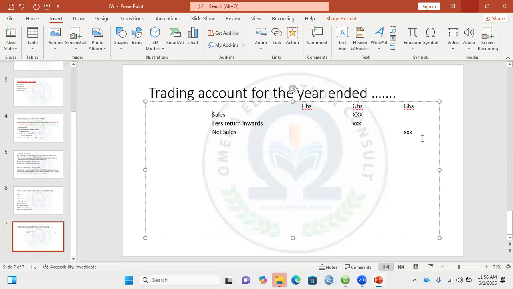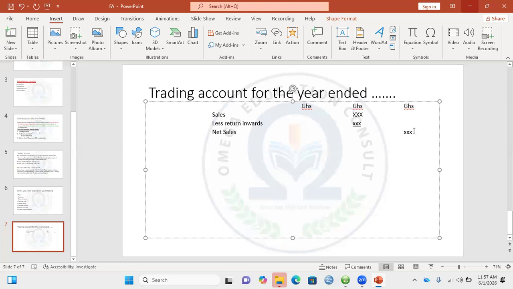However, there are cases where the question may not have return inwards. It simply means that you sold all the goods, none of your customers returned it back. In that scenario, you don't need to come and less return inwards. So your sales will straight away go under the third column. Some students bring the sales, then they write less return inwards, then they put a dash there and bring the net sales like this.